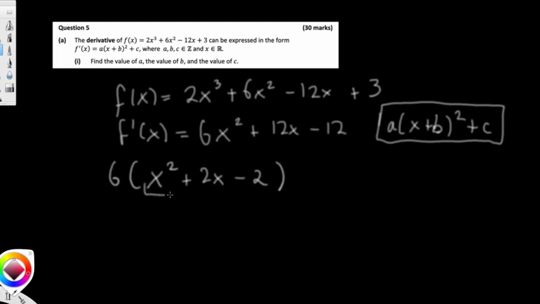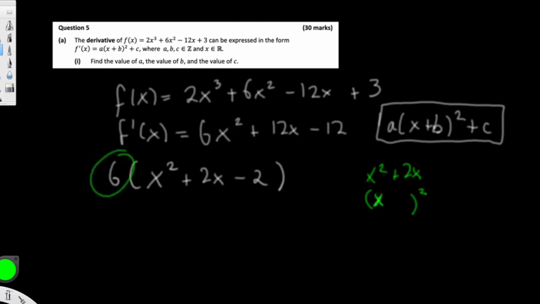So now we have to take this x squared plus 2x minus 2, and we have to do this step of completing the square. How I do this is I look at x squared plus 2x, and I ask myself what squared would give me this x squared and this 2x. Well, it's always going to be the x. That's what we get when we divide that number out in the first place, so we leave ourselves with an x squared.